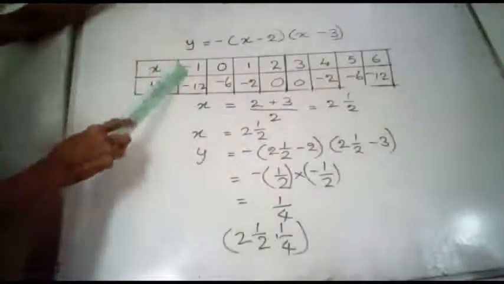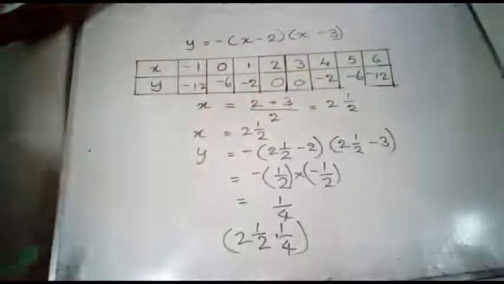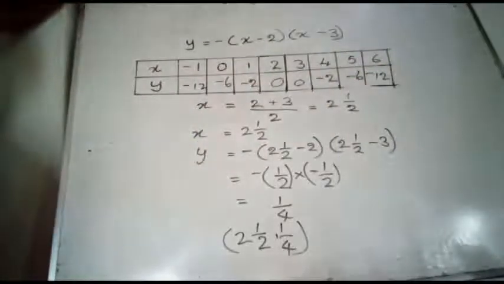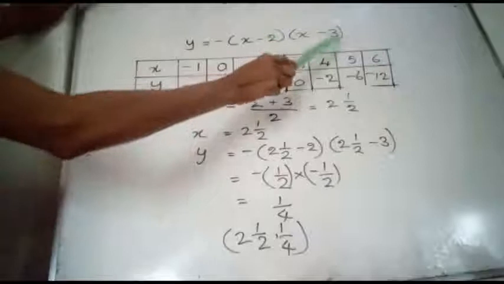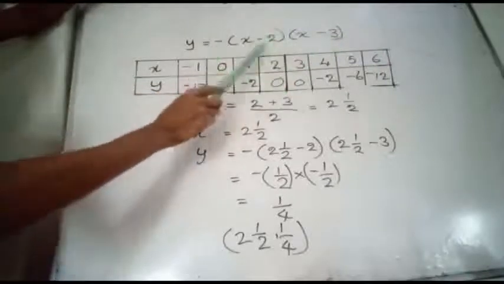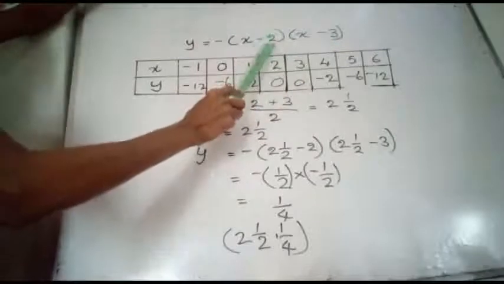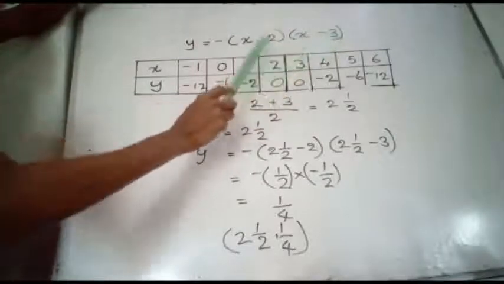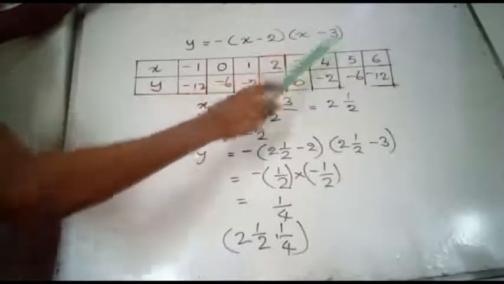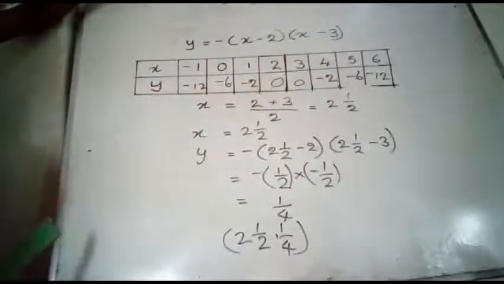Find x values from negative 1 to 6. Here we have 2 plus 3, from (x subtract 2)(x subtract 3); 2 plus 3 divided by 2 is 2.5.